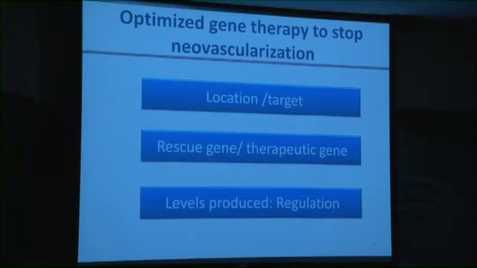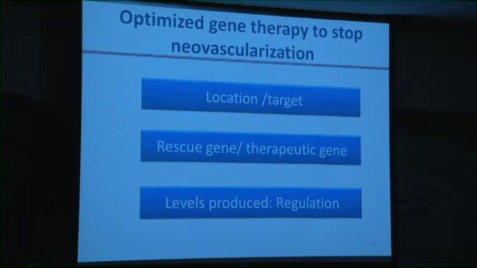And we wanted to use a rescue gene, so we chose to use endostatin, which has been shown by several other labs to stop neovascularization that occurs in these animal models. And we wanted to be able to regulate the levels of production of our rescue gene. And we did that by using a hypoxia responsive element.